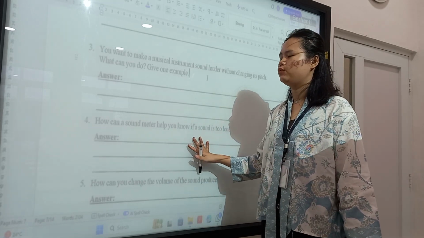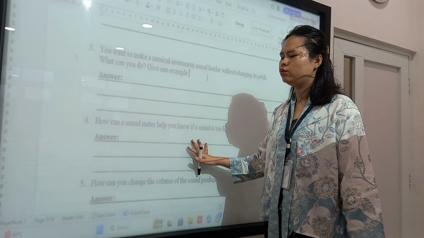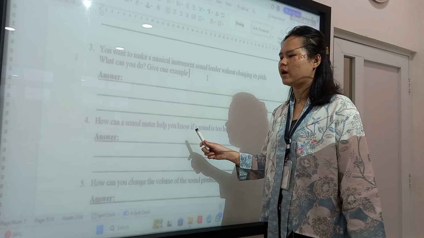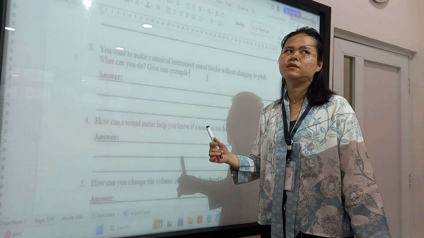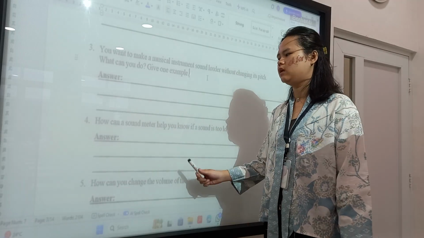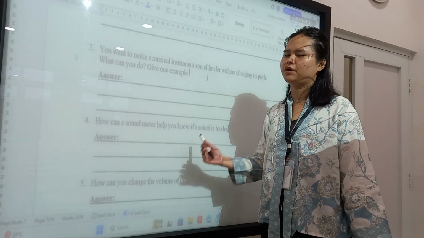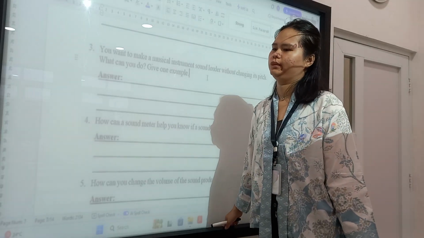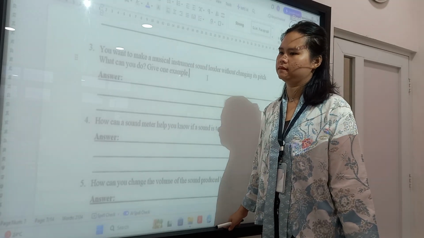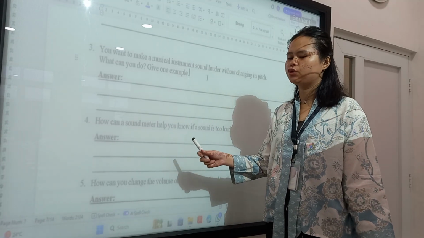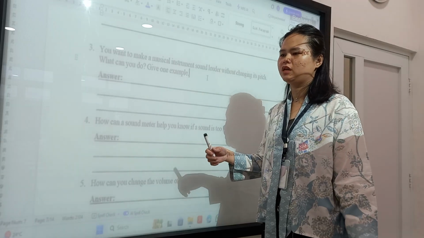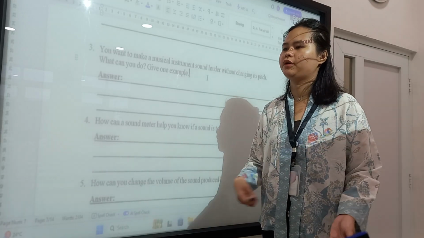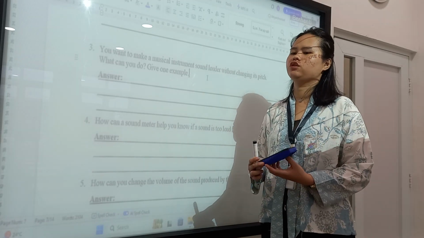But with the volume, you can apply more force, or strike the glass harder, if you want to hear the sound. If you want to produce a different volume, we need to apply a different strength, maybe pluck it harder or pluck it softly.